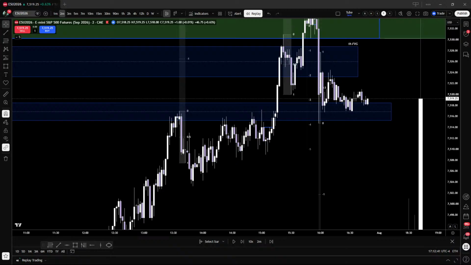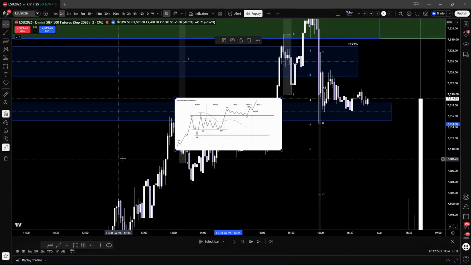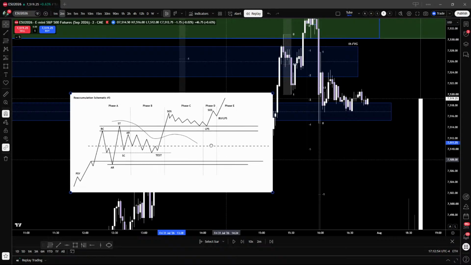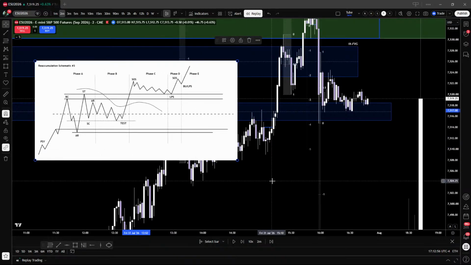All right, let's see here. So with these schematics, right, it doesn't always have to be an exact match, right?